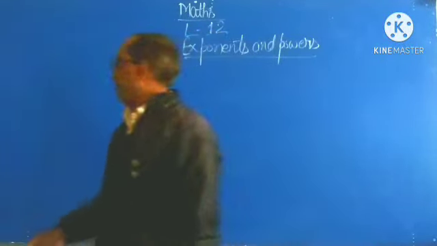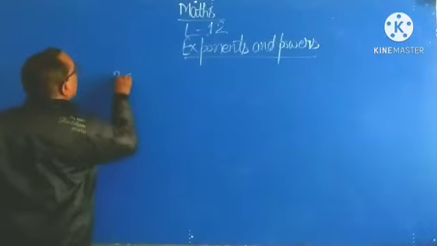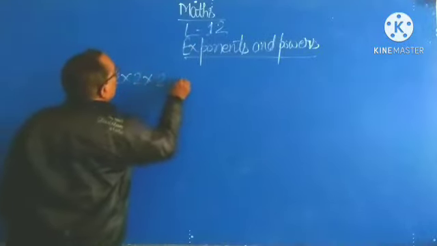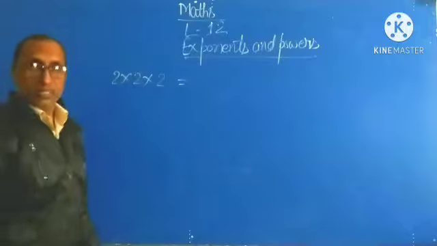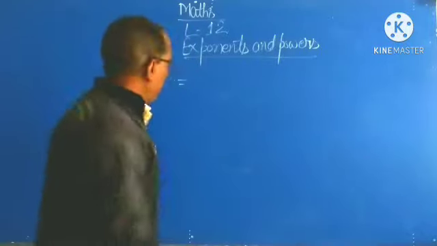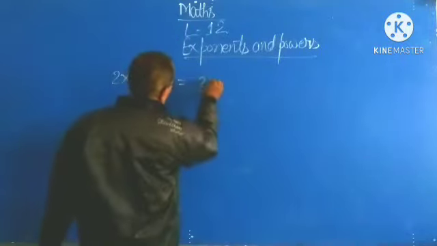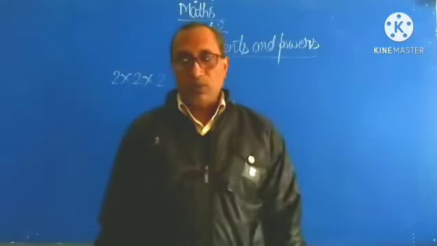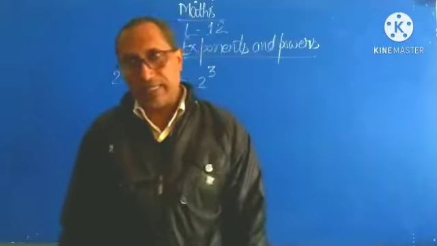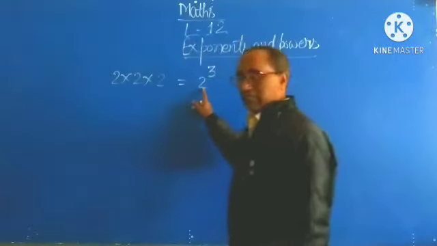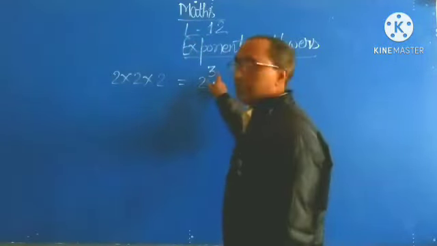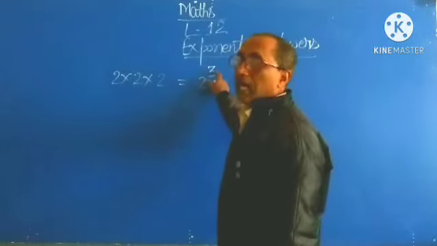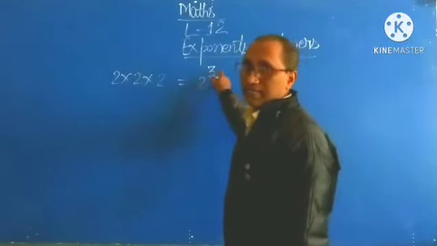Like when you multiply 2 into 2 into 2, 3 times, you write it in a short form, 2 raised to power 3, where 2 is the base and 3 is the exponent or power or index.